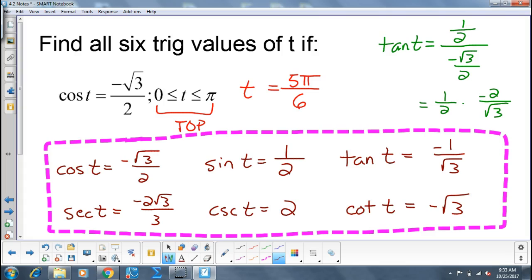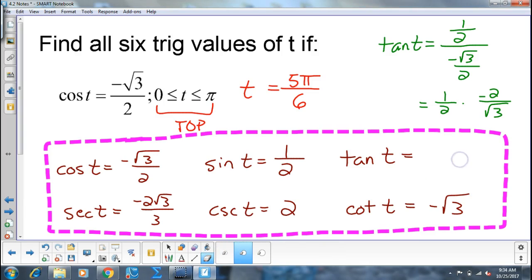Okay? So that one should look like that, and this one should look like that. So yes, we are rationalizing our denominators.